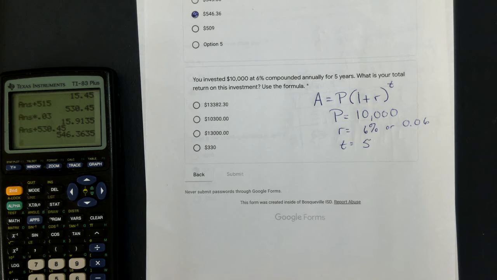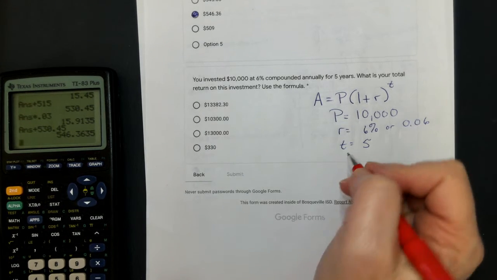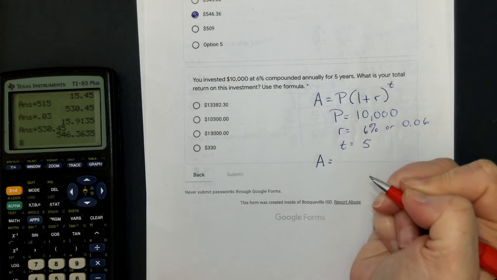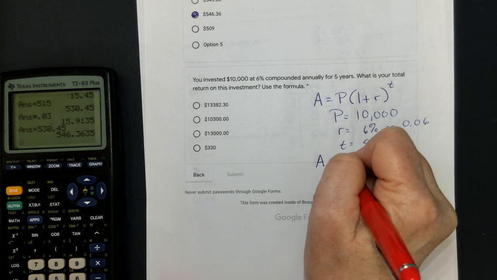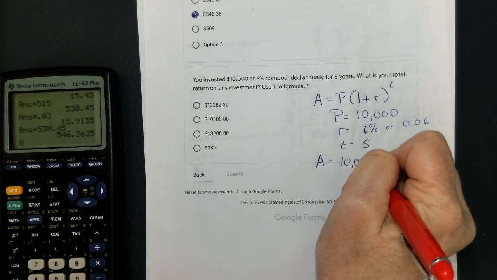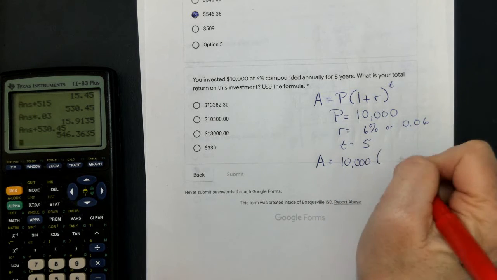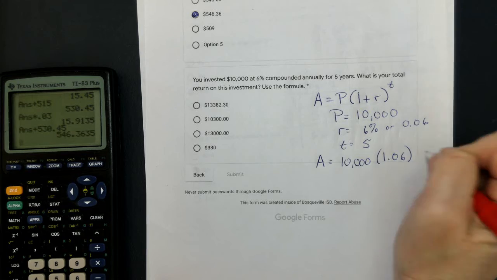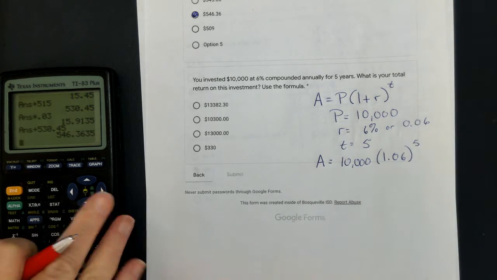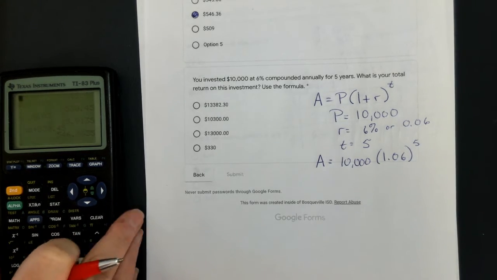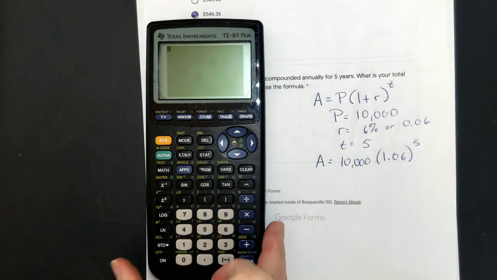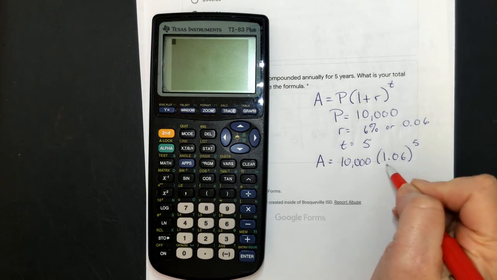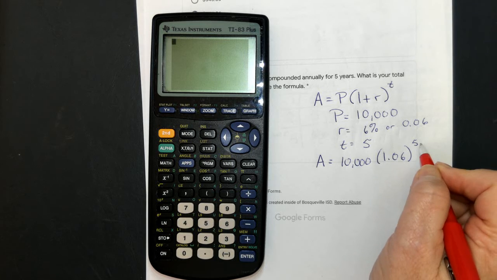So we're asked what is the total. So that is going to be A. So in this case, we're just going to plug in each of these numbers. So A equals 10,000 times (1 plus 0.06, which is 1.06) to the power of 5. Now I want to show you what that looks like on the calculator. What I do first is I do 1.06 to the power of 5.